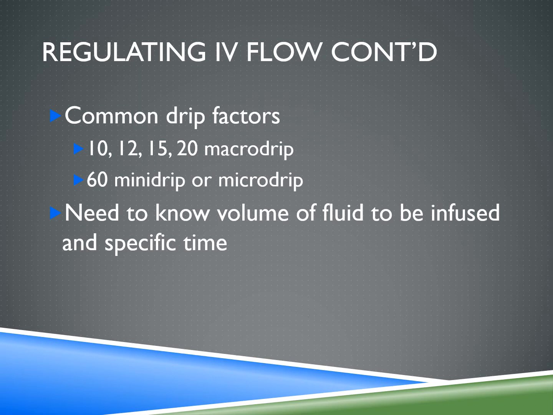And there's a reason that's going to come in handy in a minute. You also need to know the volume of fluid to be infused and the specific time. So again, that's rate. Did the doctor come right out and say they want it to go 100 milliliters per hour? Or did they say 1,000 cc's over 10 hours and we have to figure out that it's 100 milliliters per hour? It just depends on the physician and how they're going to write the order.